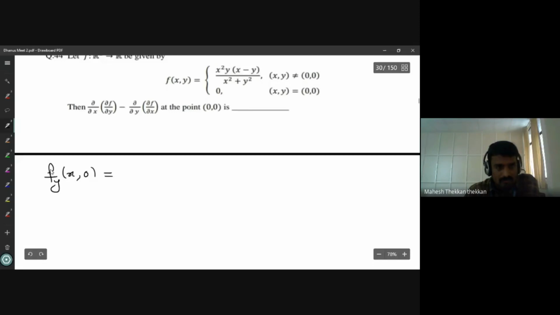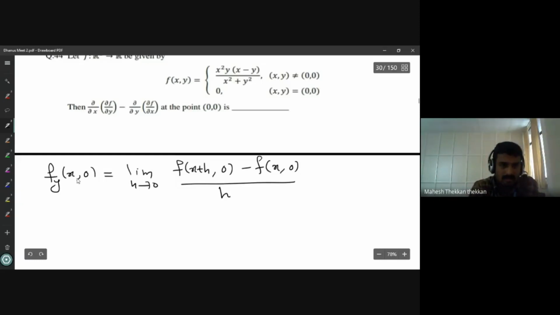By definition, this is the limit as h tends to 0 of f(x+h, 0) minus f(x, 0) divided by h.